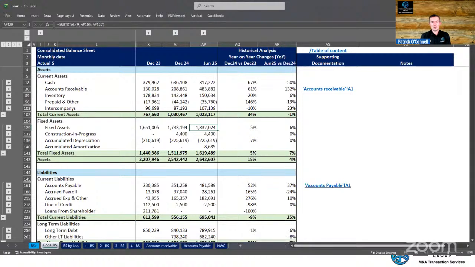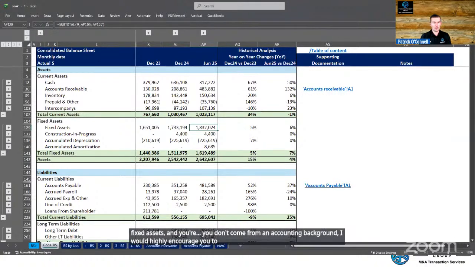So, two things to unpack. One, if you are not following fixed assets and you don't come from an accounting background, I would highly encourage you to hire someone like a CPA to help you along with this complicated area, and I'll explain why.